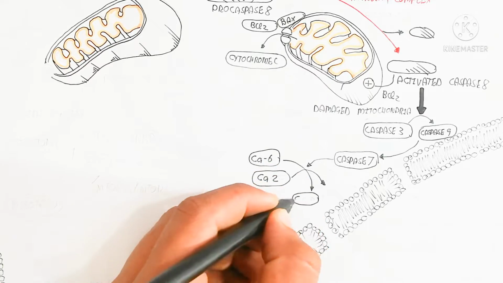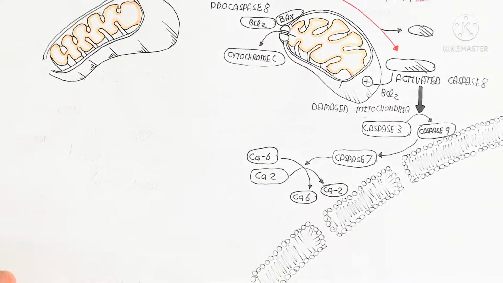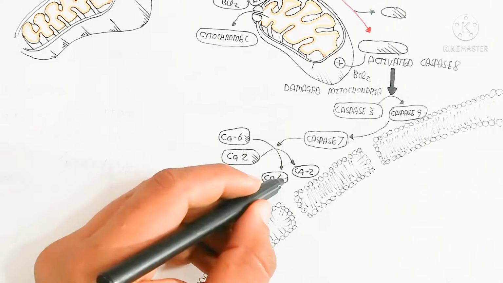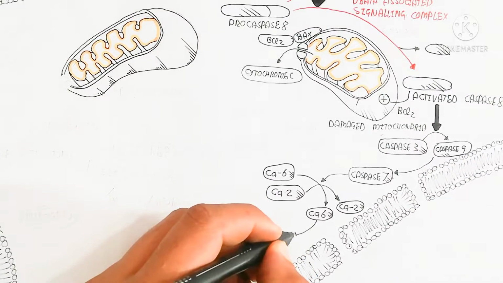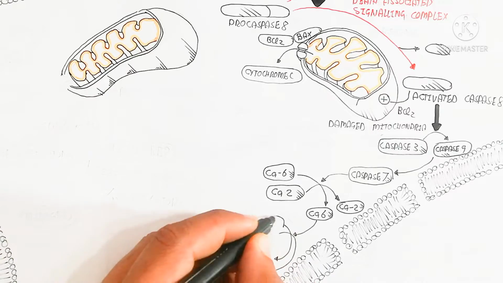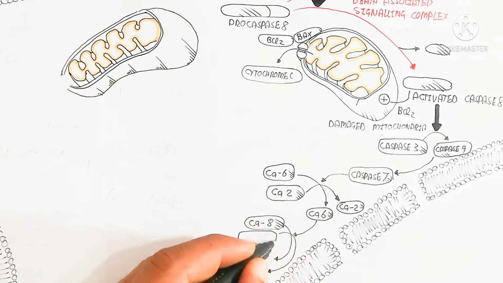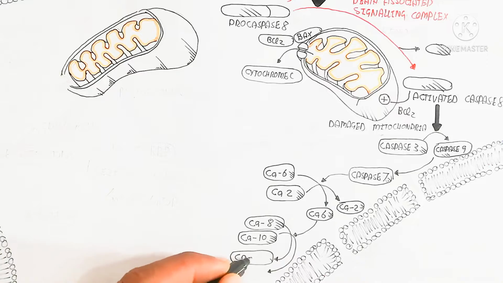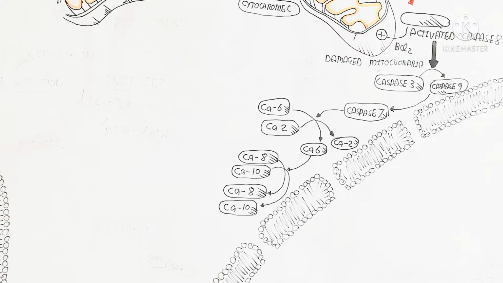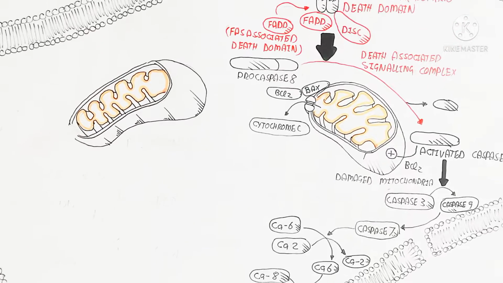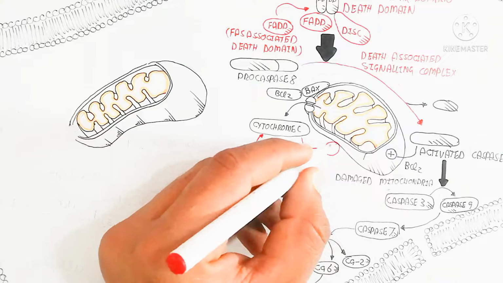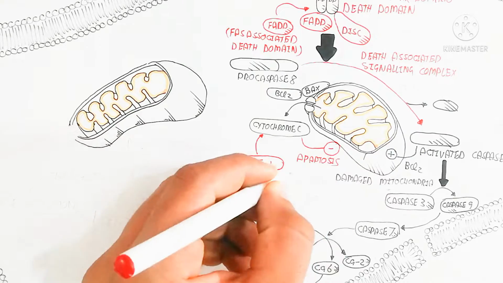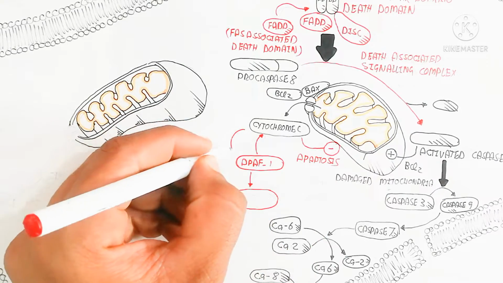Caspase 9 will be activated through caspase 3 activation, and this caspase 9 activation will trigger caspase 7 activation, and 7 activation will trigger 6 and 2. Caspase 6 will activate caspase 8 and 10 again, and in this way 8 will use the same mechanism again.